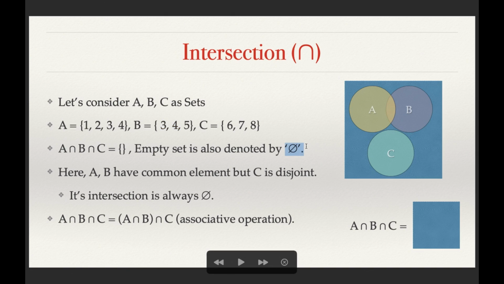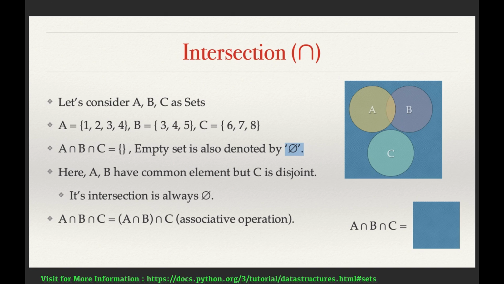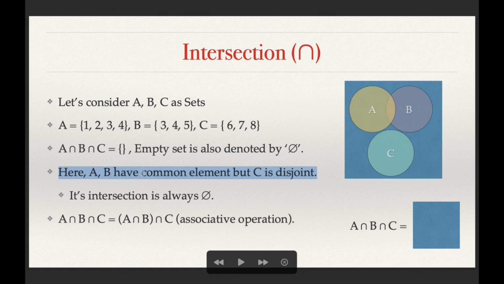This is a Greek character, or simply you can say a letter. So if in any group of sets, a set is disjoint, then the intersection of all those sets will be an empty set.